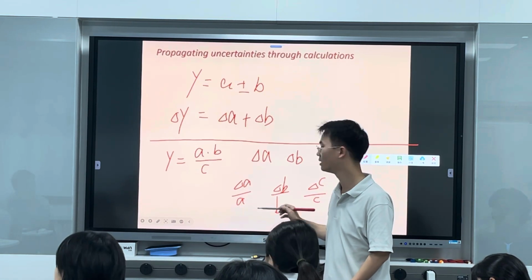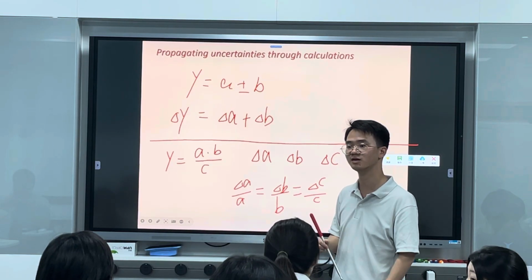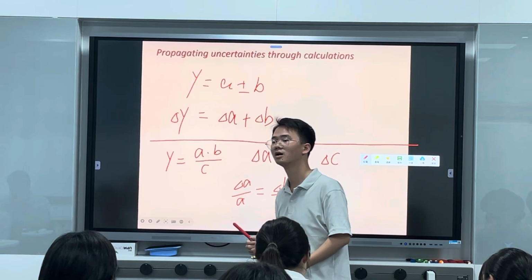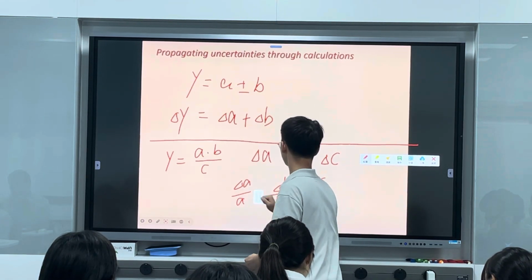They're equal? Delta A over A equal to delta B over B equal to delta C over C? You're not sure? Add? Okay, sure. Let's add them up.